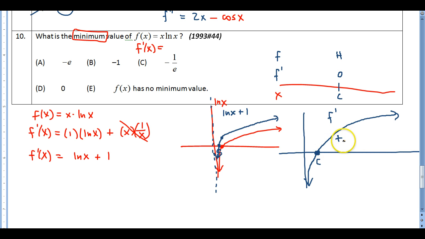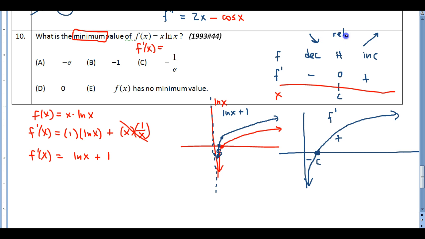It's above the x-axis. But to the left of c, f prime is negative. So that means f is going from decreasing to increasing.